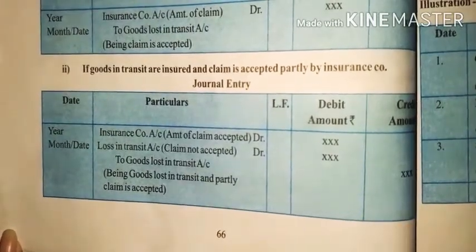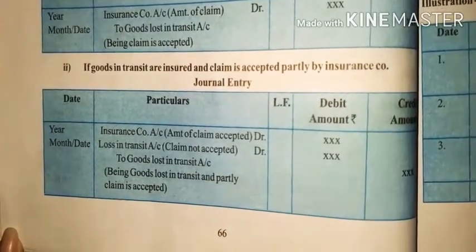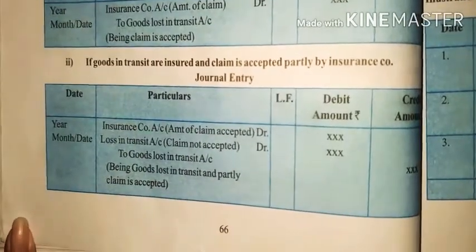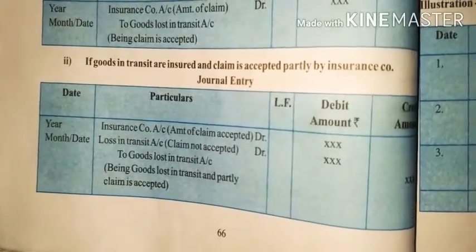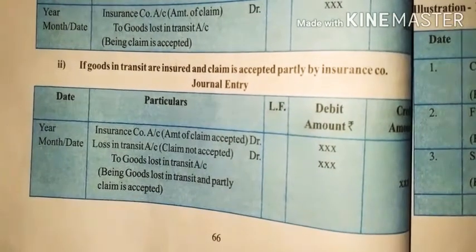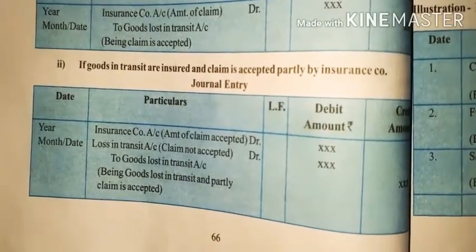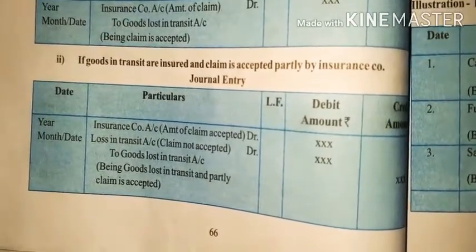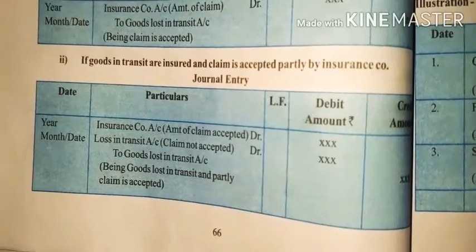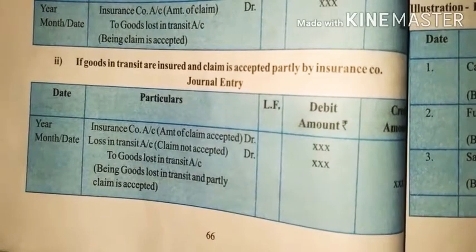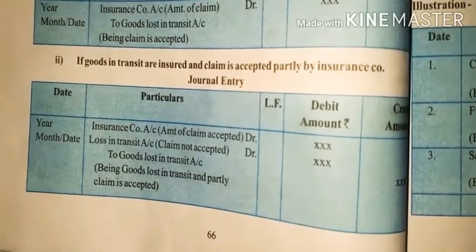The partly amount of claim which you have not made to the insurance company is going to get the debit effect. Why debit effect? If goods worth rupees 20,000 are going to be dispatched to the buyer, and in that, 10,000 amount of goods are destroyed in transit.